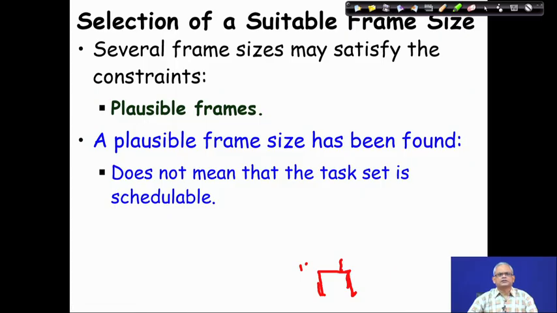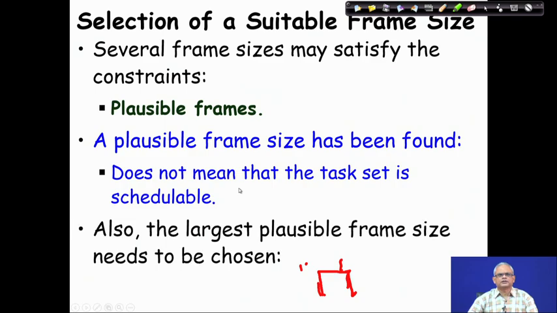So, its period is half the major cycle. So, we need 5 frames for these 2 tasks. So, the frame size must be chosen such that there must be 5 frames within the major cycle. Let us look at that. As we look at the example, it will become clear.